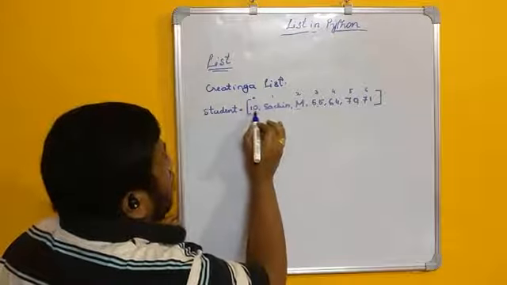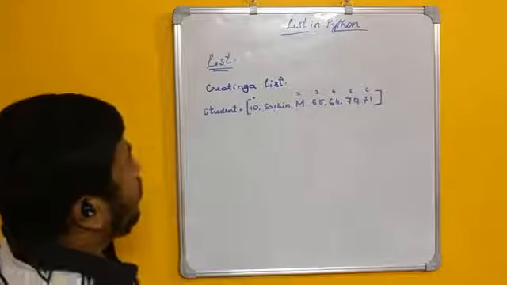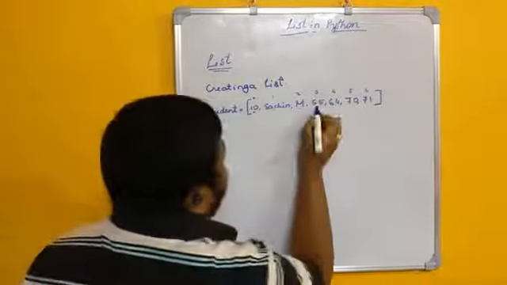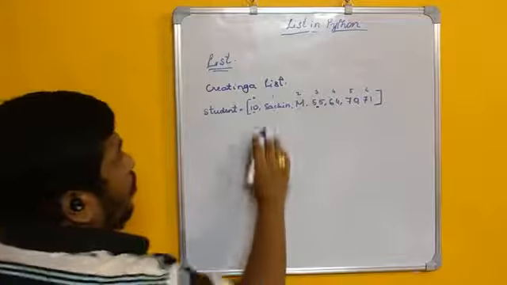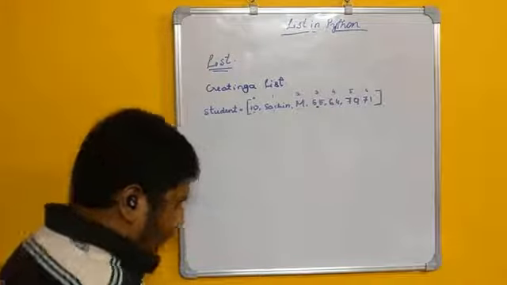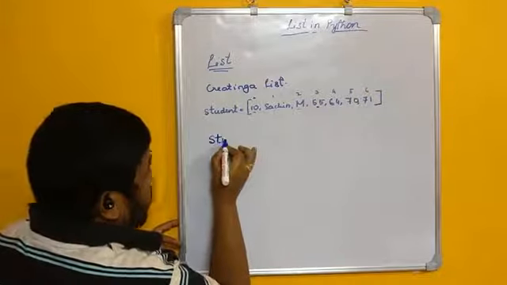See here, in our list 7 elements are there. I want from 10 to 55, so only 4 elements.